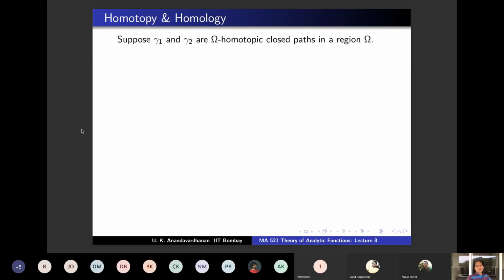Suppose gamma 1 and gamma 2 are omega-homotopic closed paths in a region omega. So what does this mean? Recall the definition. There exists a continuous map H from the unit square to omega such that at time t equal to 0 it is the first curve, gamma 1, and at the end time, t equal to 1, it is the curve gamma 2.